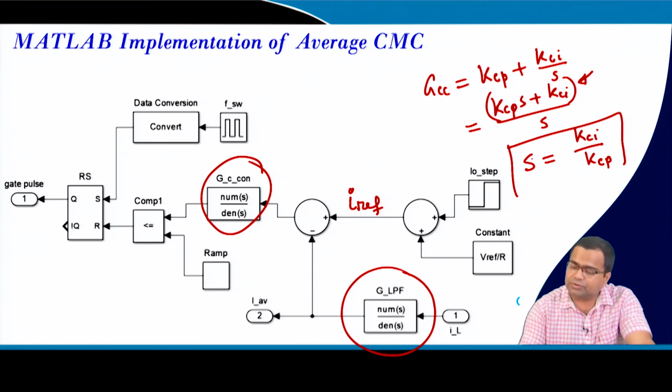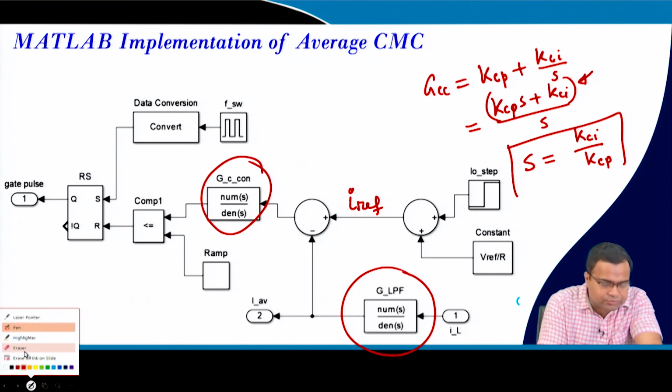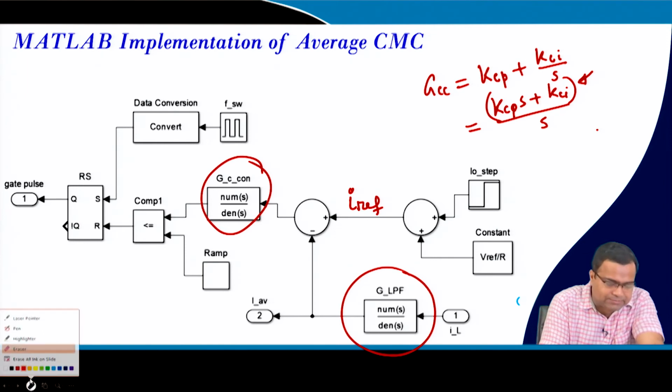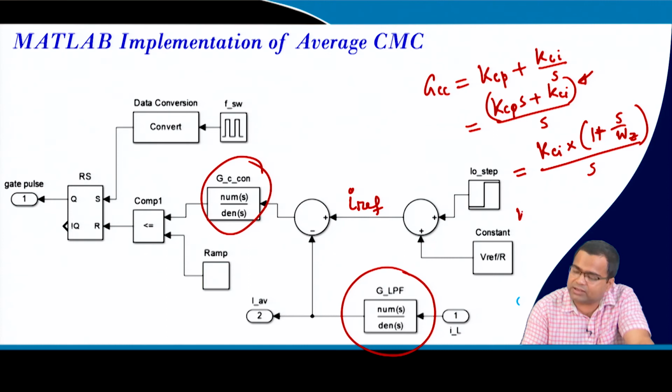Just hold on. I want to represent this in this form. If I take KCI common, it becomes KCI into (1 plus S by omega z) divided by S. And what is omega z?